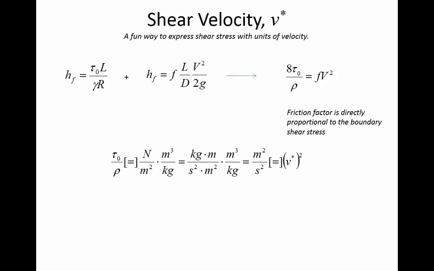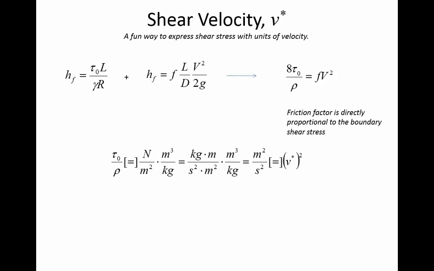And then we still have the meter squared from before that was in the denominator of the shear stress. And here's meters cubed per kilogram, which is the inverse of density units. Combine it all together, cancel out the terms, and you've got meter squared per second squared. And that's what we call the shear velocity squared.